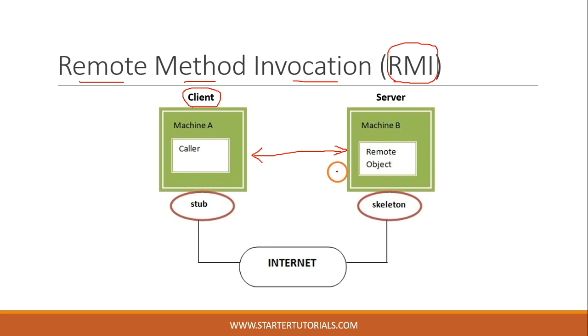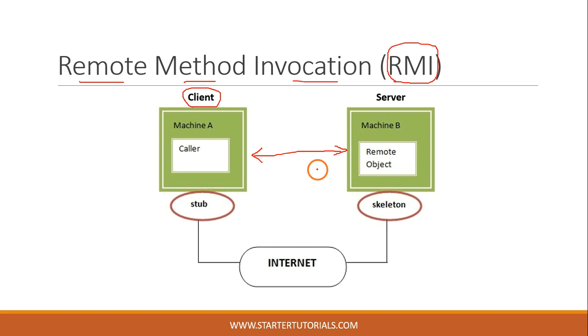Both of these systems can be in the same network, or they can be in different locations, in the same geographical area or different geographical areas, anywhere basically. Simply saying, RMI is used to create distributed applications.